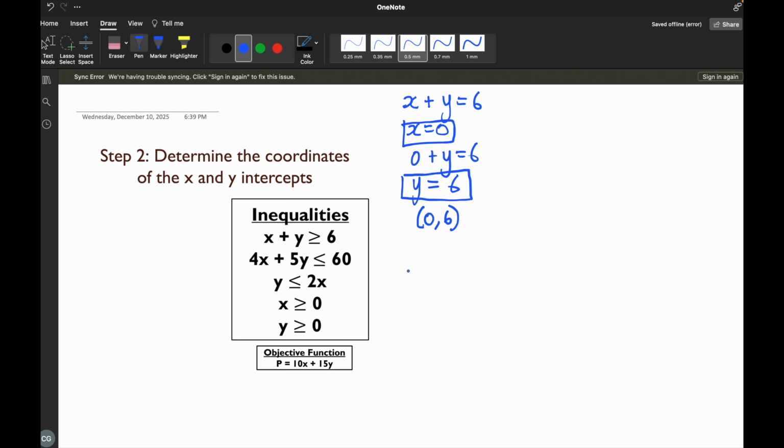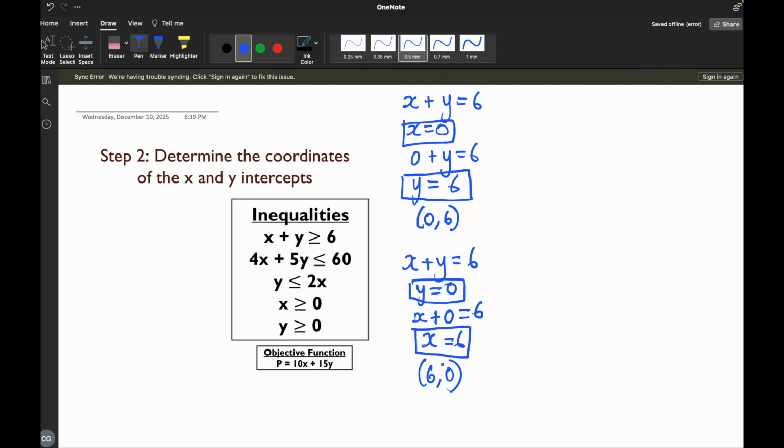Now the next thing is we have to find it for when y is equal to 0. So when y is equal to 0, x plus 0 is equal to 6, because I'm substituting the y with 0. Now x plus 0 is just x, which is equal to 6. So therefore, the coordinate for this is going to be 6, 0.